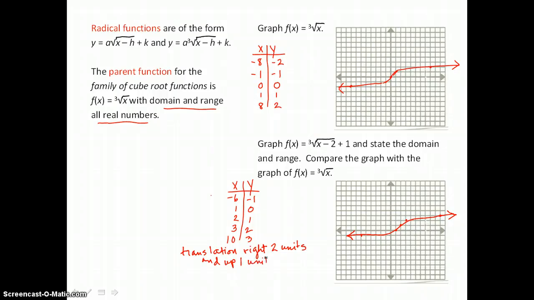And again, we can tell that from our h value, which is 2, and our k value, which is 1. And the domain and range for this cube root function is all reals.